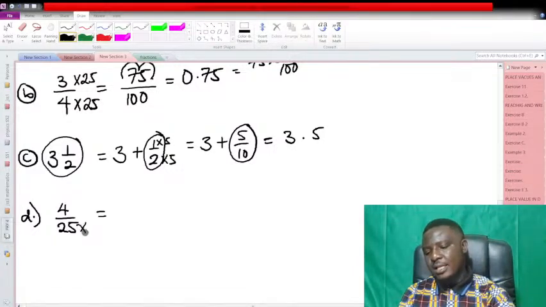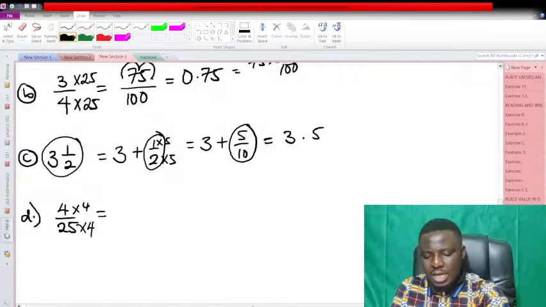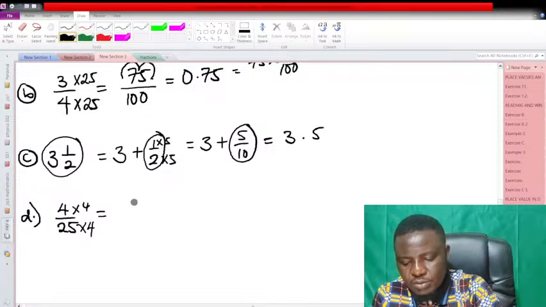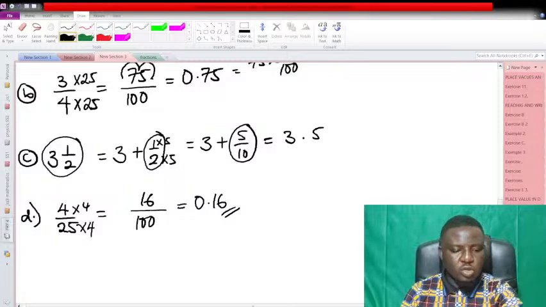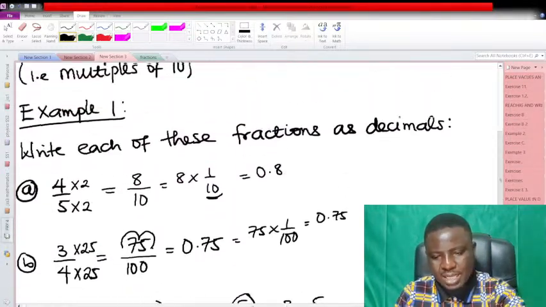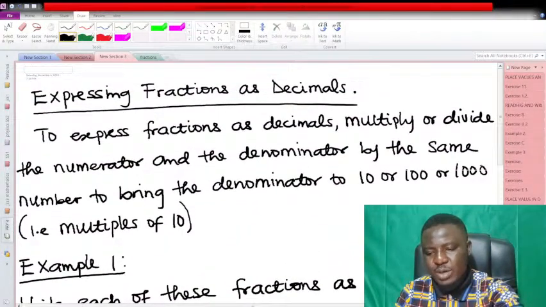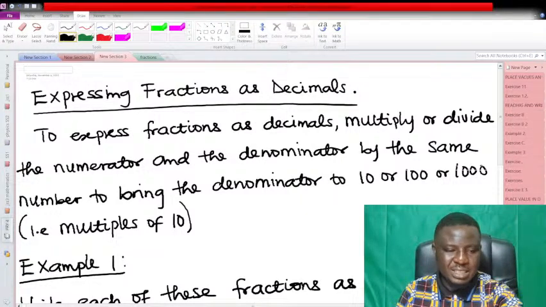I will multiply this by 4, as well as multiply the numerator by 4. So that this is 4 times 4 is 16 divided by 100. And this is equal to 0.16.